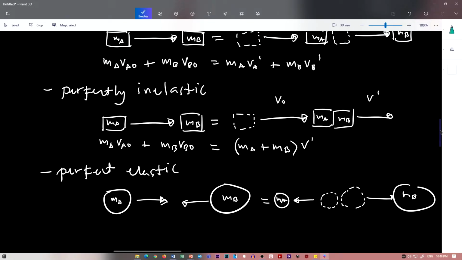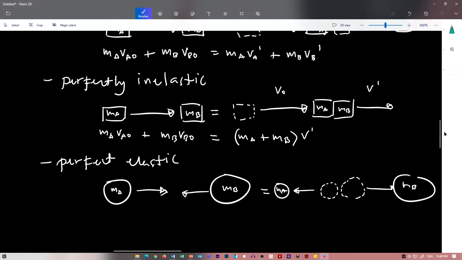All right, so there's that. By the way, the equation for this is actually the same as the first one, so imperfect and elastic.